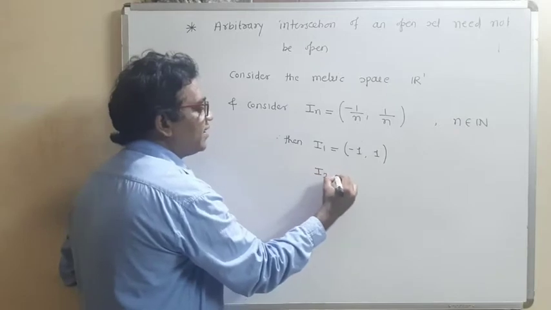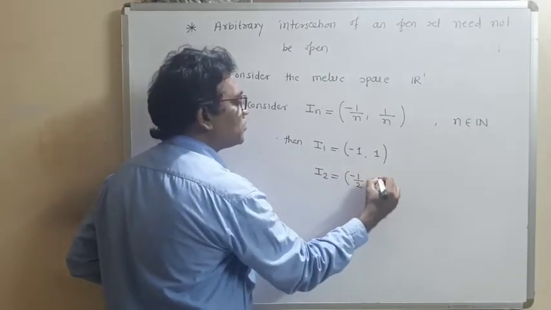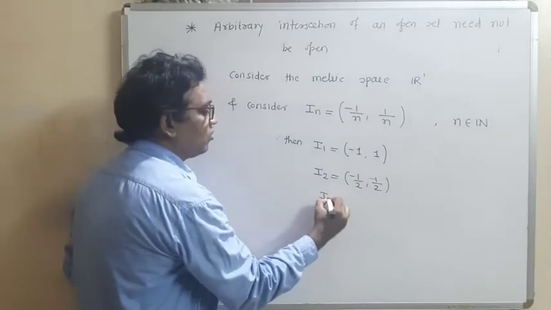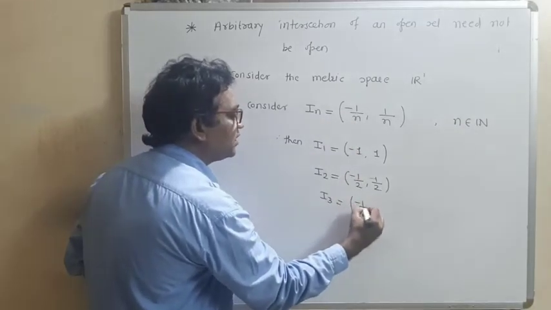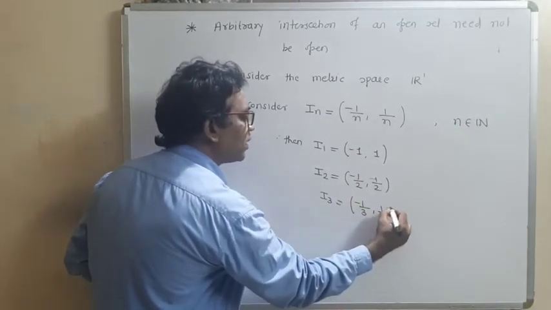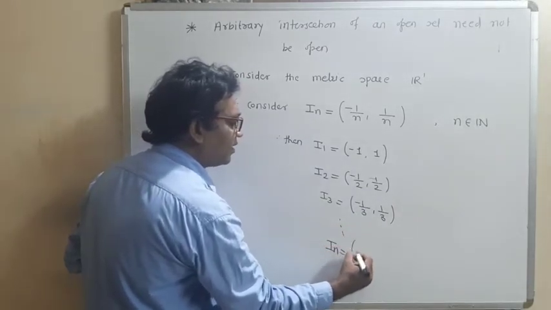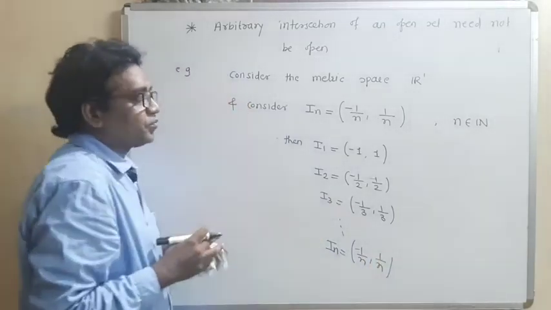I2, put n equal to 2, is minus 1 upon 2 to 1 upon 2. I3, put n equal to 3, is minus 1 upon 3 to 1 upon 3, and so on. The last interval In is minus 1 upon n to 1 upon n.